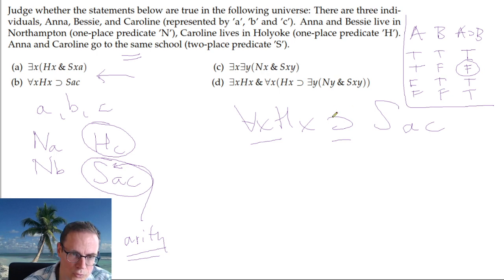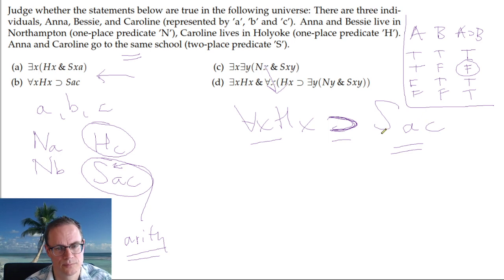So to make sure that this conditional statement is true, as long as this statement doesn't go from true to false, we're good. Okay, let's first check the consequent. SAC, is that true or false?